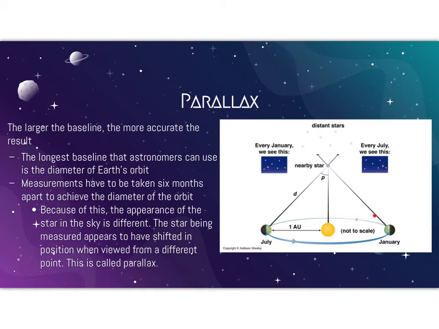When I view it in January, it appears to be in a different spot. So we need to track this star the whole way through so that we understand that it is still the same star that we're looking at. It's just the frame of reference and the parallax, what is behind it, how we are viewing it, that we see it looks different.